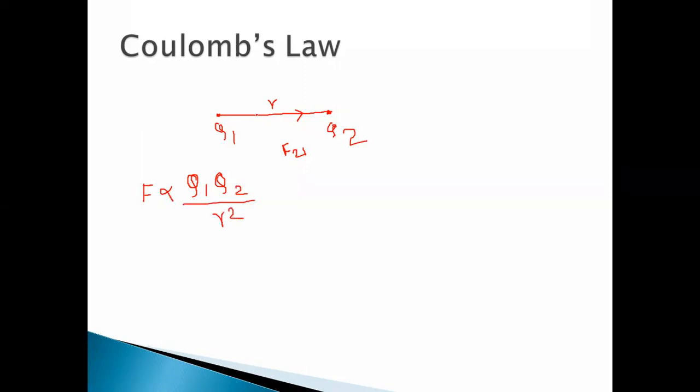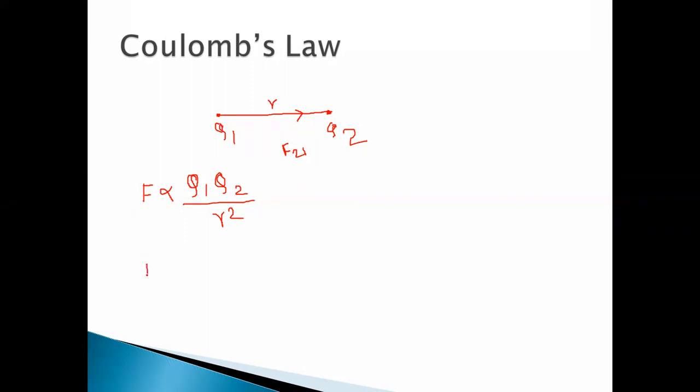The distance between these two charges is r. Therefore, it is inversely proportional to r square and directly proportional to the magnitudes of the charges. One charge has magnitude Q1 and the second has magnitude Q2. So F is proportional to Q1 Q2 upon r square.